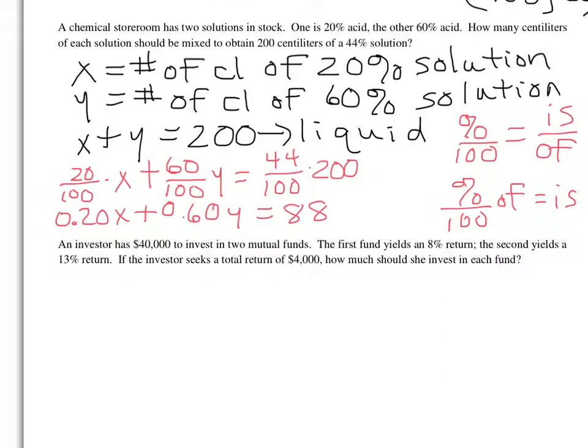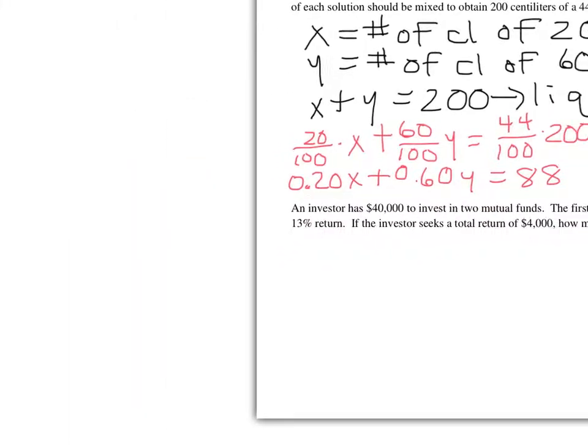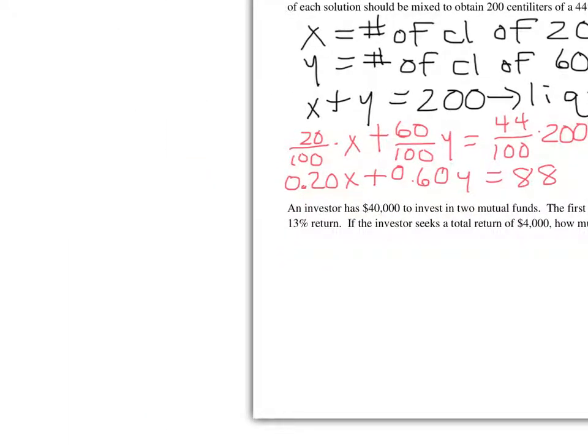That's our two equations. We better solve them. What are they again? We have x plus y equals 200. And we have 0.20x plus 0.60y equals 88.